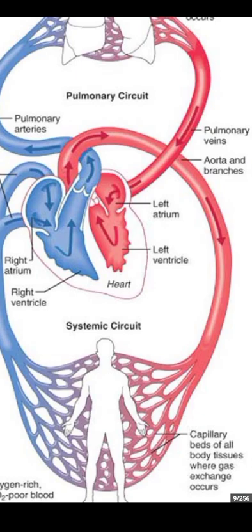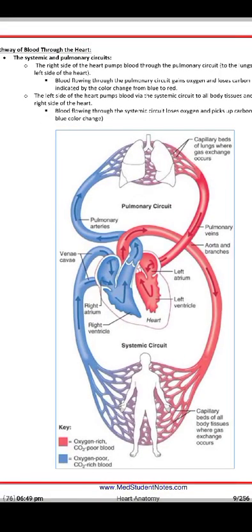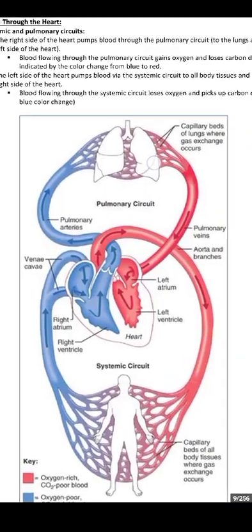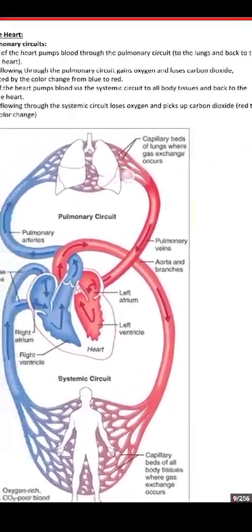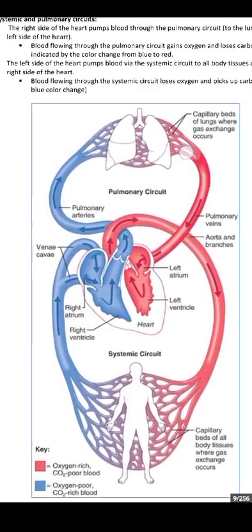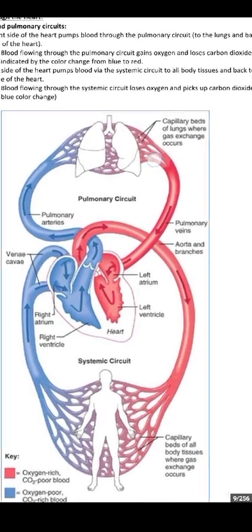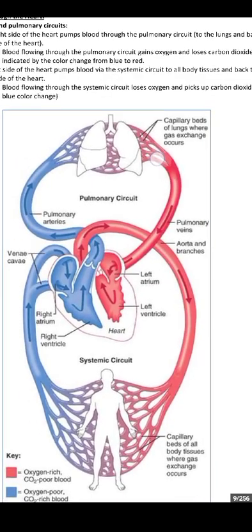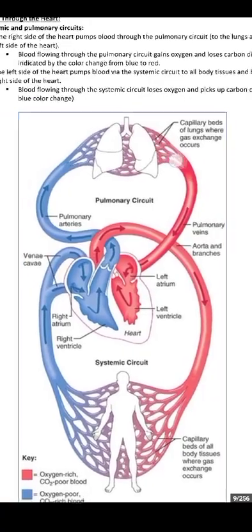This is the cardiovascular blood circulation, the pathway of blood through the heart. The systemic and the pulmonary circuits are two groups. The right side of the heart pumps blood through the pulmonary circuit to the lungs and back to the left side of the heart. Blood flowing through the pulmonary circuit gains oxygen and loses carbon dioxide, indicated by the color change from blue to red.